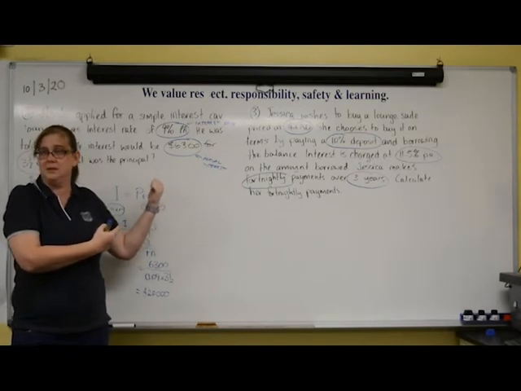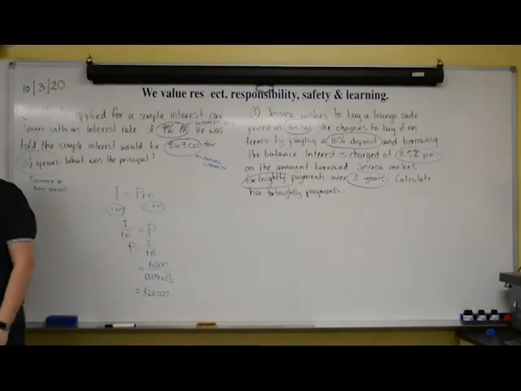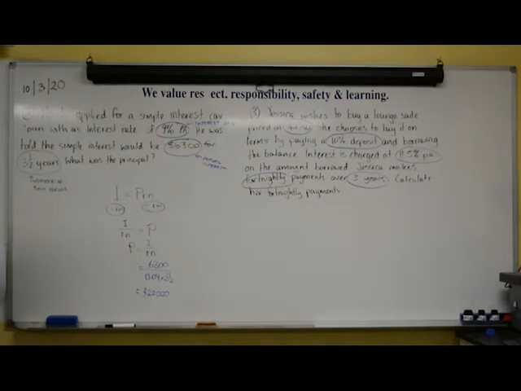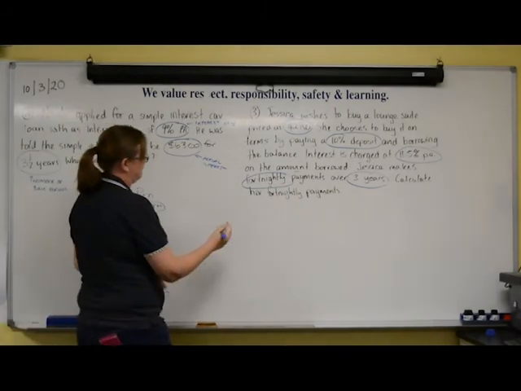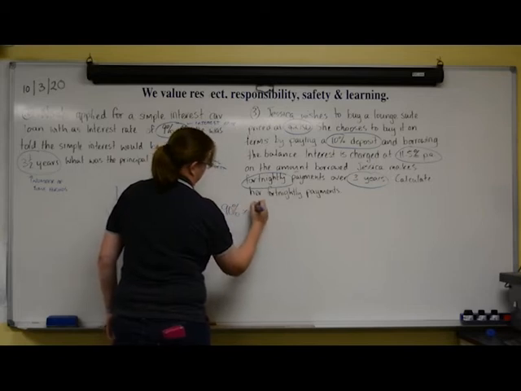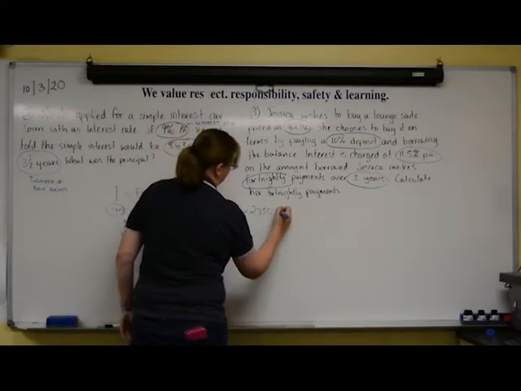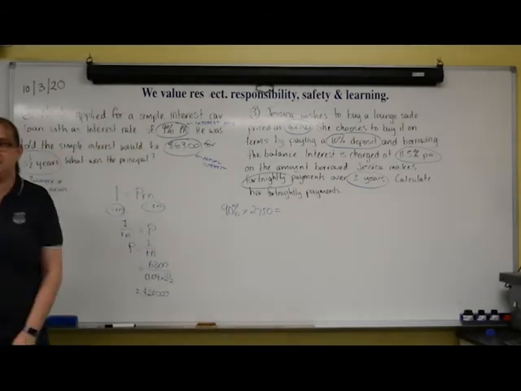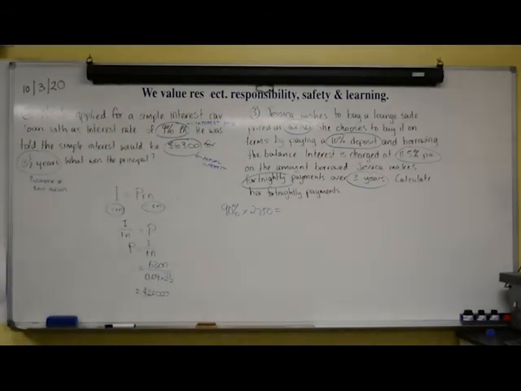Does that make sense? So if we find out 90%, we're actually finding out that principal. That's going to be my first step. I'm going to find out how much I'm going to borrow. That's 90% of the total. So what is 90% of the total?